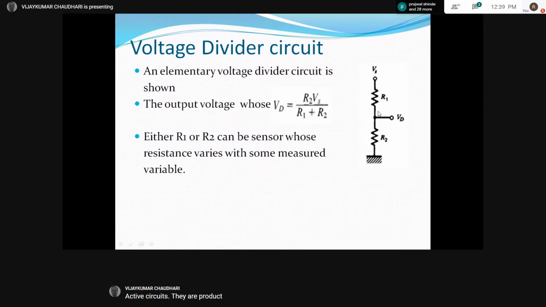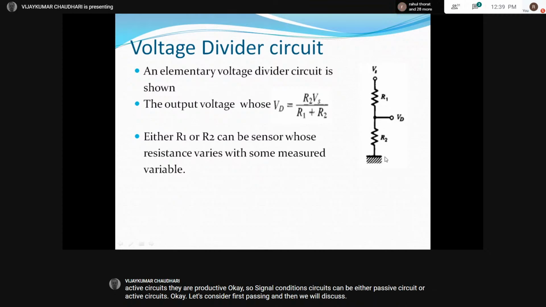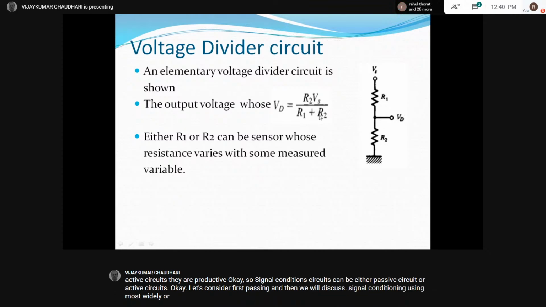This forms a voltage divider circuit. Output is taken at the connection between R1 and R2. This is VD, the output voltage between the ground and this point. That is the output voltage we are taking.